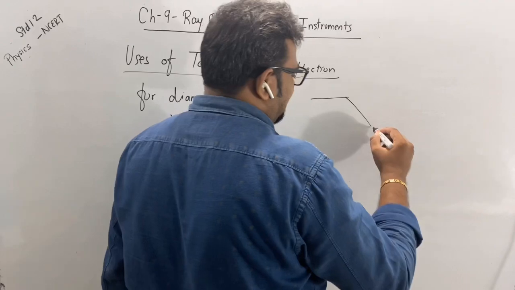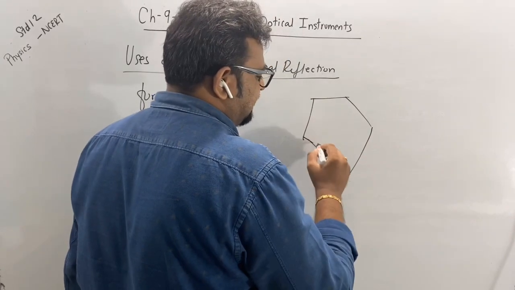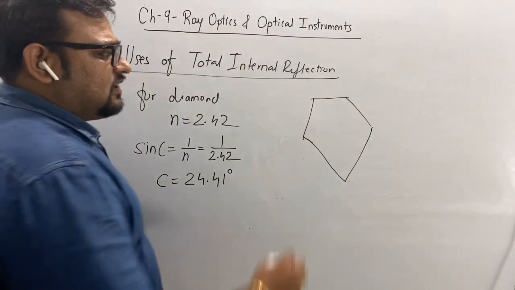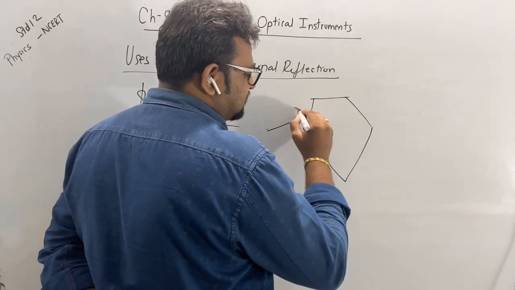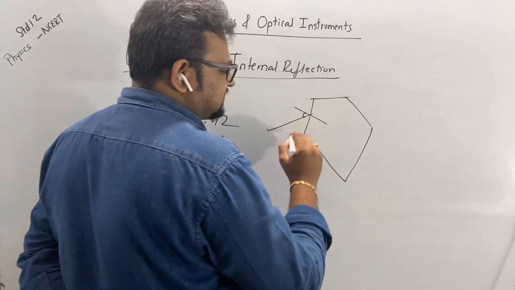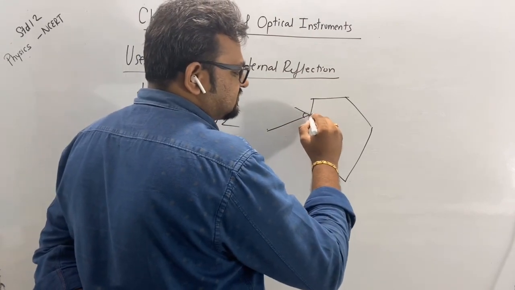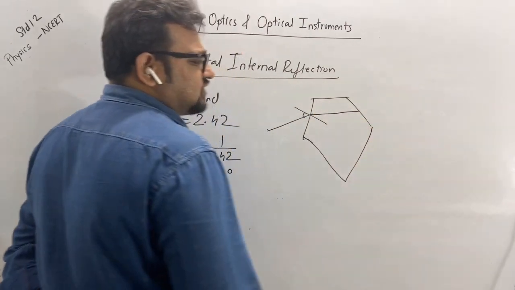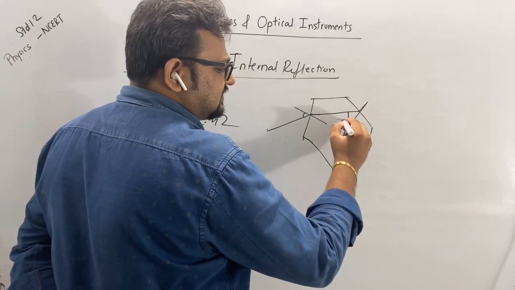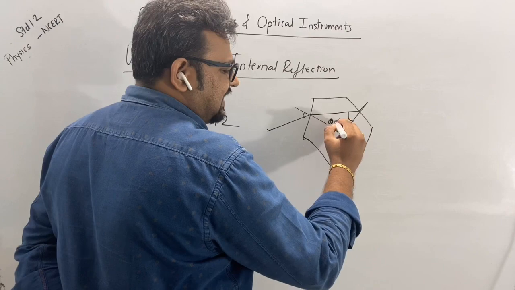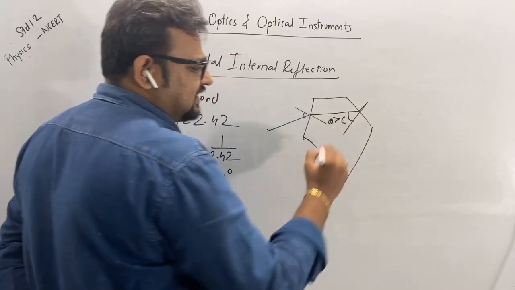Just take an example: if I take this as a diamond, what will happen whenever a ray of light enters in this way? This will be the normal, the angle of incidence, and it will bend towards the normal. Now this angle will be less or greater than the critical angle?